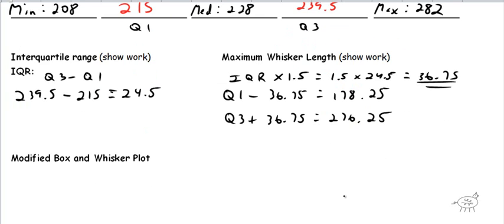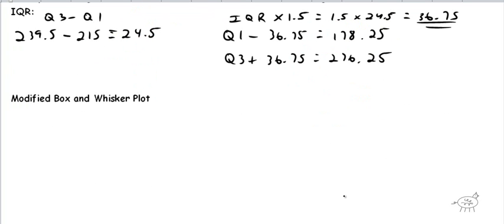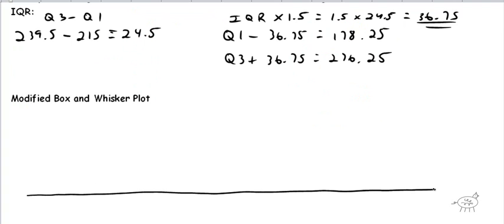Okay, so let's create our modified box and whisker plot. What you want to do is you need a number line here. So try to make this nice and straight. If you have a straight edge, it's good. And we've got 180, 190. Got to kind of fit everything in here.